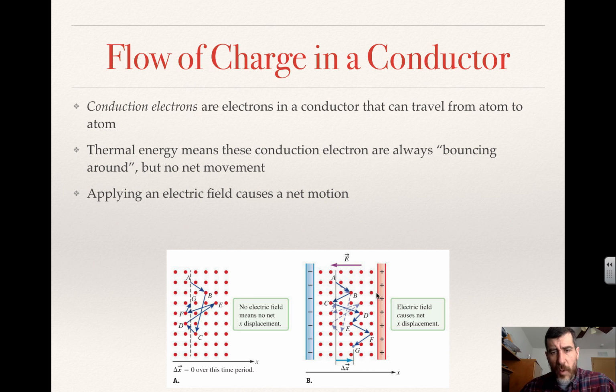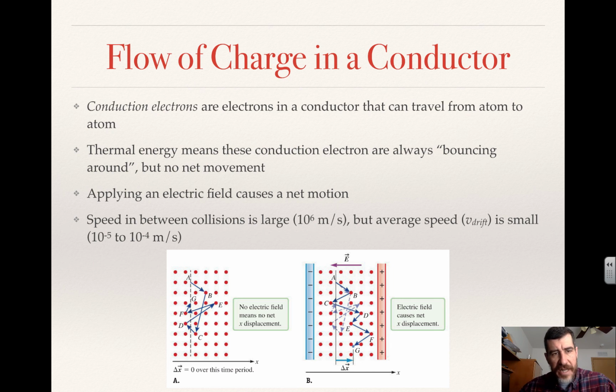And that's an important thing to realize, that in these conductors, we talk about charges being free to move around, but they really do just bounce back and forth from atom to atom, but there is a net movement, right? And another important thing to remember is the electrons are actually moving very fast, something like 10 to the 6th meters per second in between collisions.